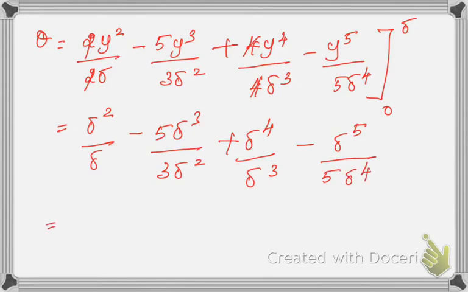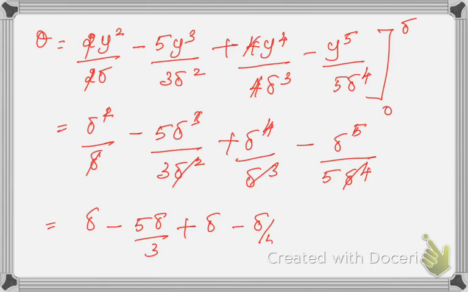All the common things will get cancelled, and I will be having only del. So it is del minus 5 del by 3 plus del minus del by 5.